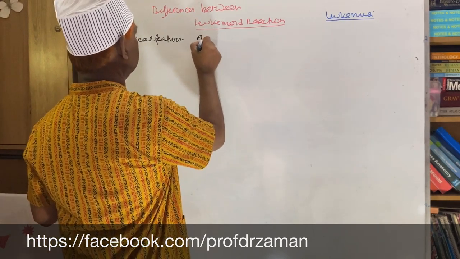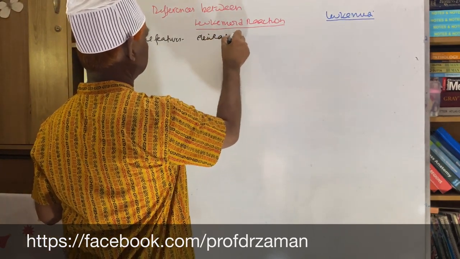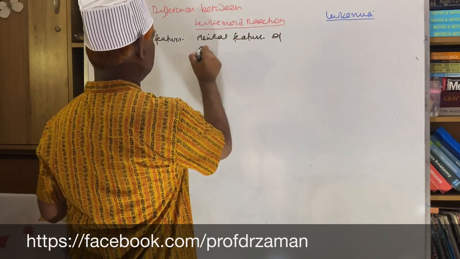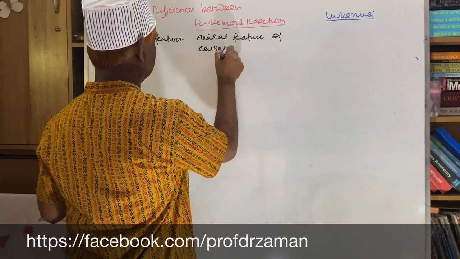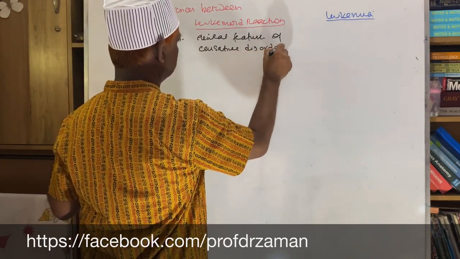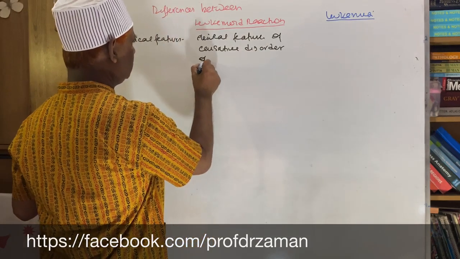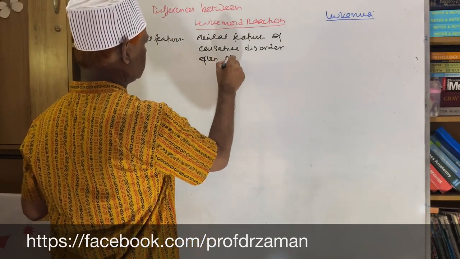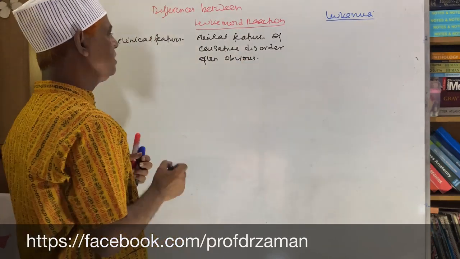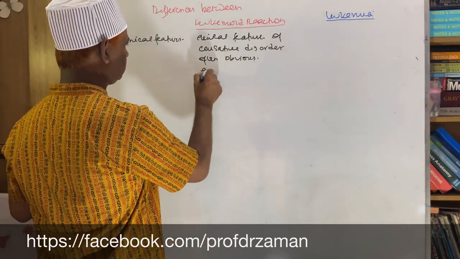So clinical features of the causative disorder are often obvious. As for example, tuberculosis.